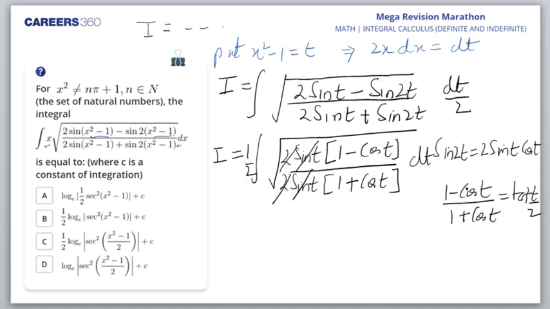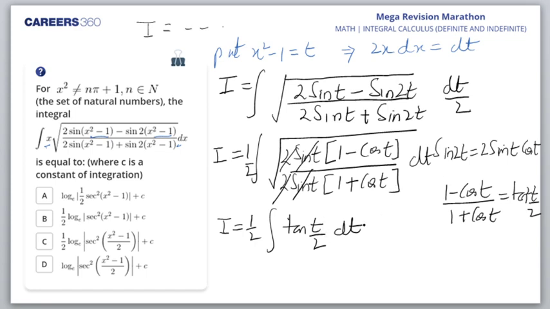So tan square t by 2. When I put it inside the under root sign, I'll get tan t by 2 outside. Although it would be mod tan t by 2, but I'll consider it positive only, dt. Is it okay, students?